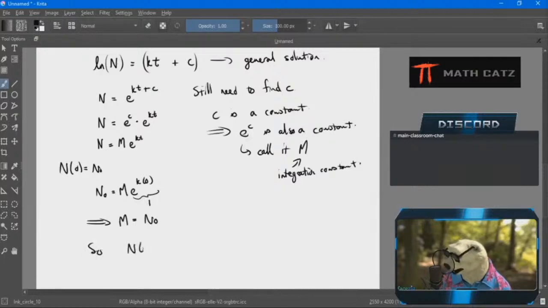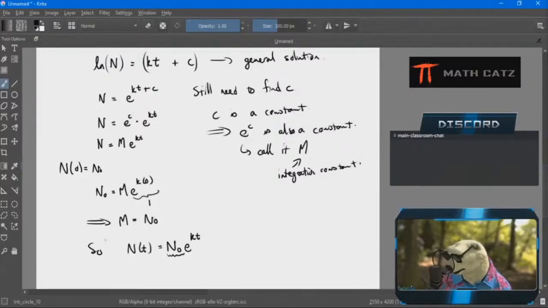And so my function that describes the population is the initial population times e to the kt. So having the integration constant in front here gives it direct meaning that I can easily pick out from the word problem as the initial population size.